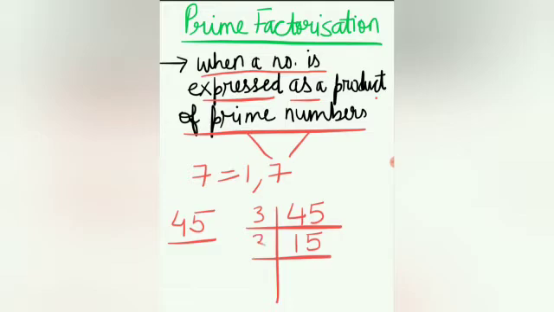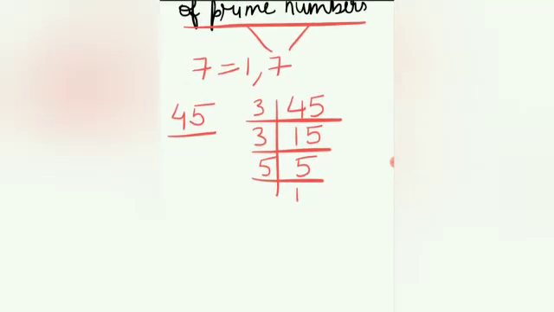Again with the 3 table, 3 fives are 15, and then the last, 5 ones are 5. So the factors of 45 are 3 into 3 into 5. All these numbers are prime, so this is called the prime factorization.